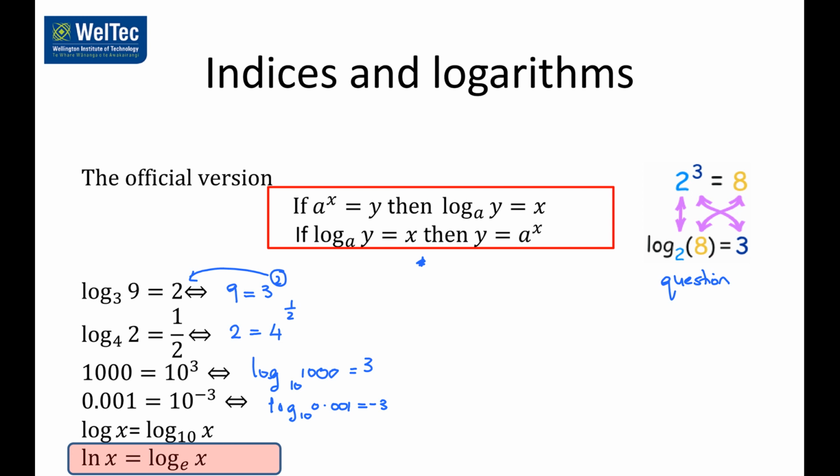Another example, if I said log to the base 5 of 625, that says what power of 5 is 625, and the answer is 4. And we know that's true because 625 equals 5 to the power of 4.